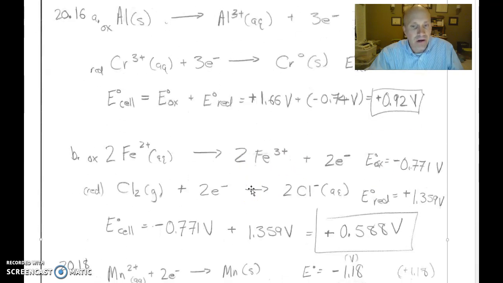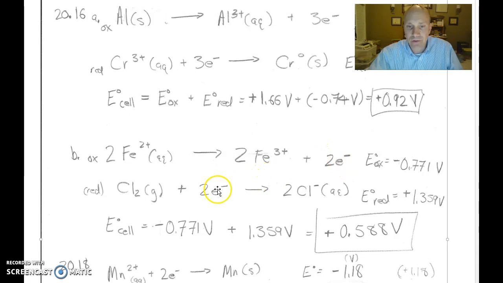In the next reaction, again, we break things up into an oxidation and a reduction reaction. One thing I want to point out is that this right here is not a fully simplified reaction, but it is the appropriate half reaction because it is the oxidation half reaction that accompanies this reduction half reaction.